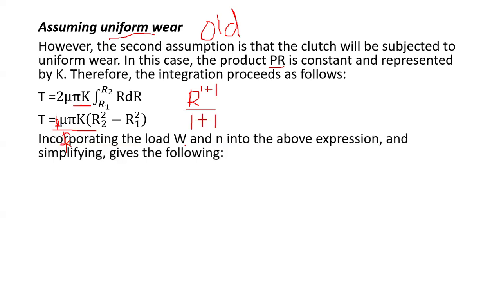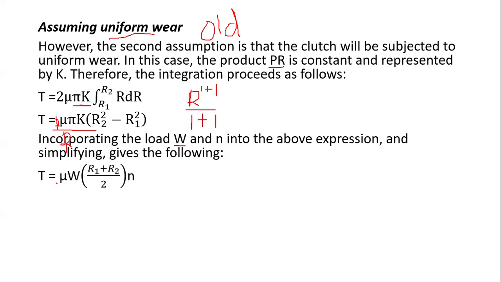Suppose this has been provided. Well, if you have been given the load W, then things change. You end up with this. Actually, what happens now is that this disappears. Then you end up expanding what is in there.